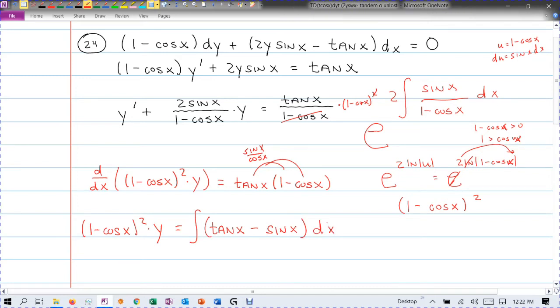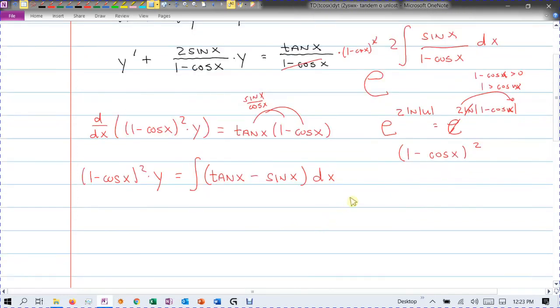And we did a little while ago the antiderivative of tangent x. We found out that that was natural log of the absolute value of sine x. And then the antiderivative of sine x is cosine x with a positive there, and then plus c equals all this.